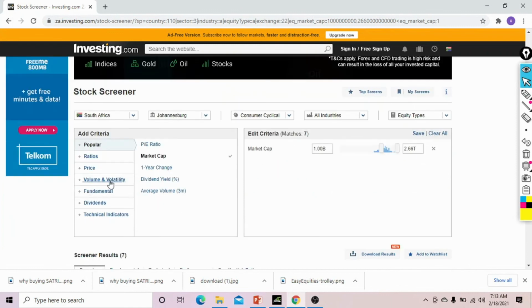Then you can also add volume. I want the volume, which is the number of shares that exchange hands daily, to be at least 150k.